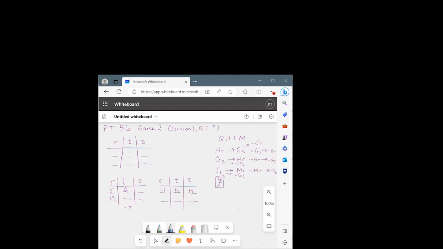And then you can put G and F because that triggers 1. Very good. And then with J, you put the JT, and then the MR. Good. And that leaves answer B. Yeah, perfect. So B.